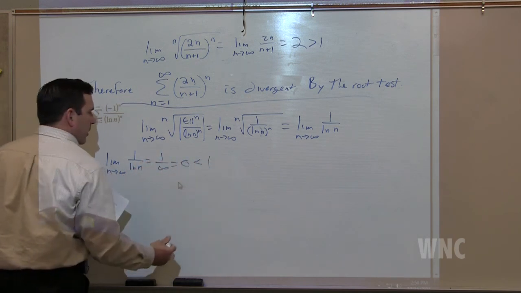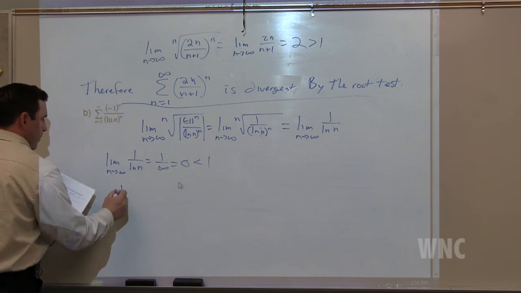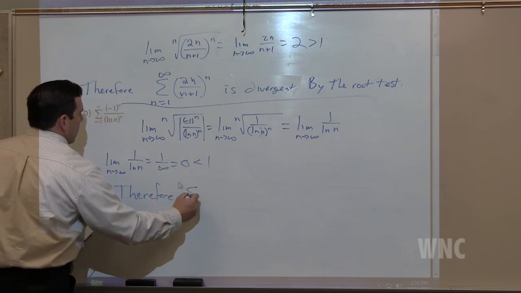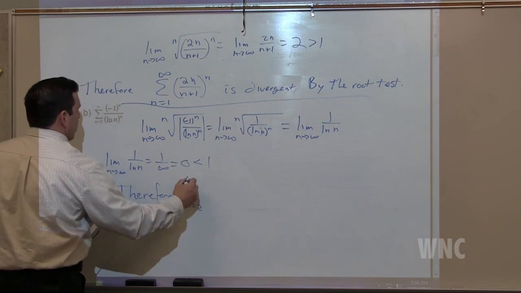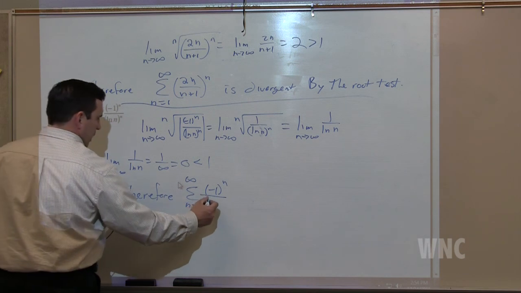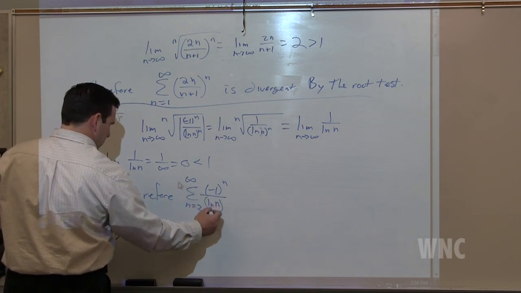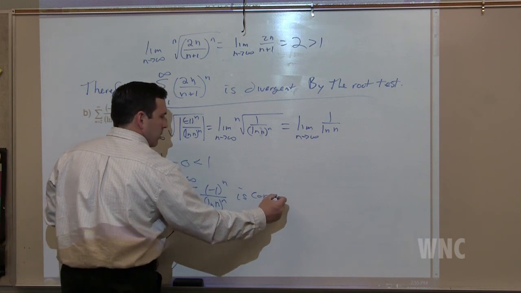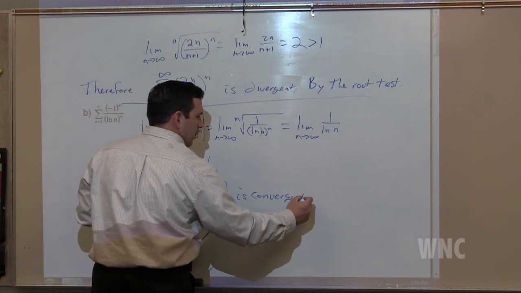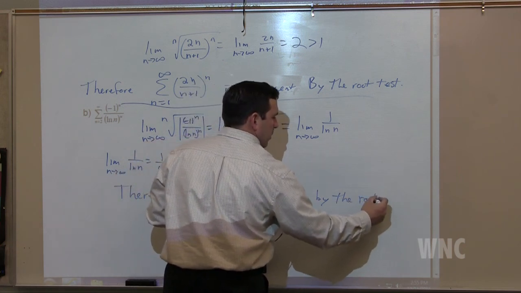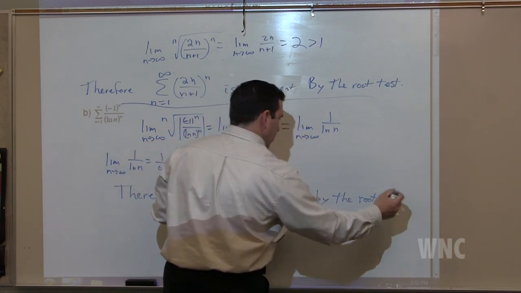That's less than 1. So the sum n goes from 2 to infinity of negative 1 to the n over natural log of n to the n is convergent by the root test. And that's it.